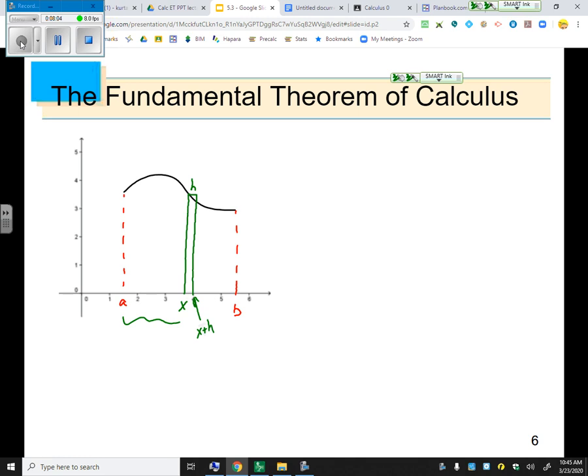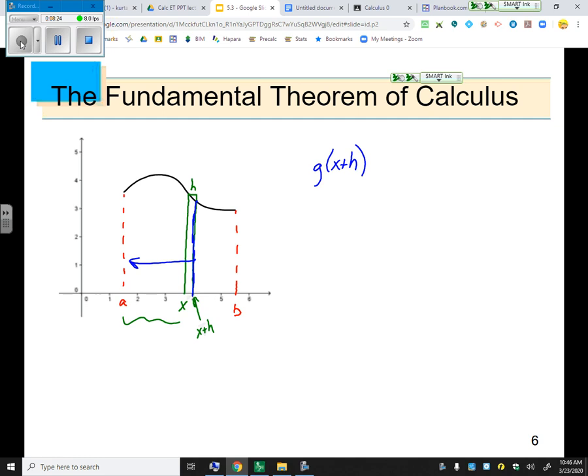So I'm going to go out on a limb here. If I was to take the area underneath this curve all the way from this line back right here, remember, that's just my function g of x plus h. Okay, that's the area from a all the way until x plus h.